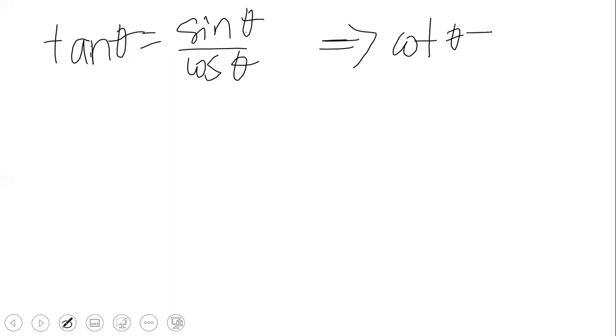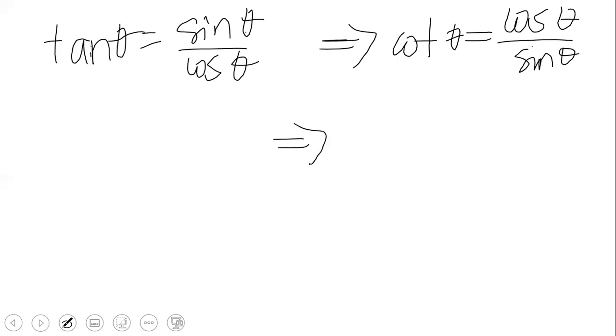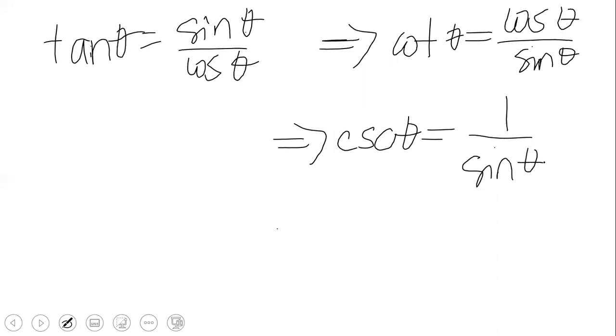So yung cotangent is also represented as cosine over sine theta. For the cosecant naman, the cosecant theta is represented by 1 over sine theta. And yung isa naman, the secant theta is also equivalent to 1 over cosine theta.